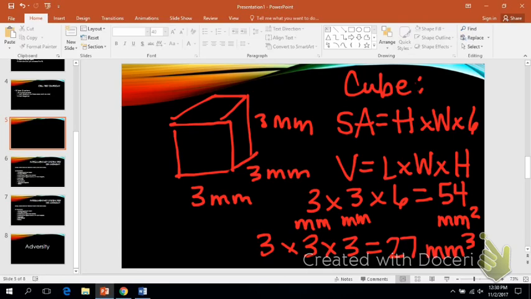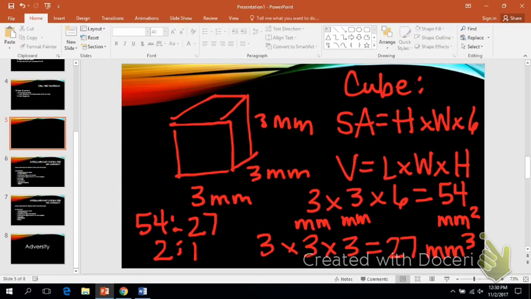Okay, so for our ratio, if you were to write it like this, and of course you need to put your units, can we reduce that down? Yes, and it'd be reduced to 2 to 1. It is better if you can reduce it down.